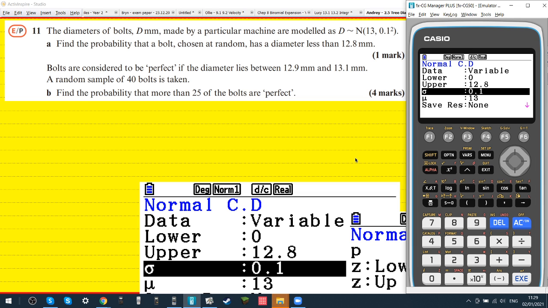So shall I go back and do the normal cumulative distribution with 12.9 rather than 12.8? Yep. So you need that probability for your binomial. Am I doing upper 12.9, lower 0? That's not possible.